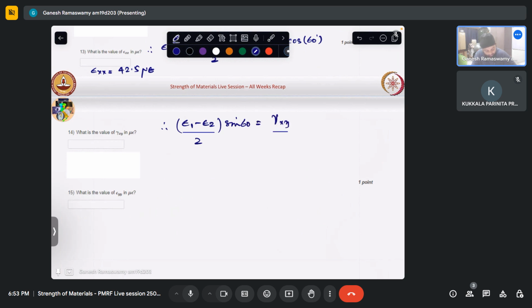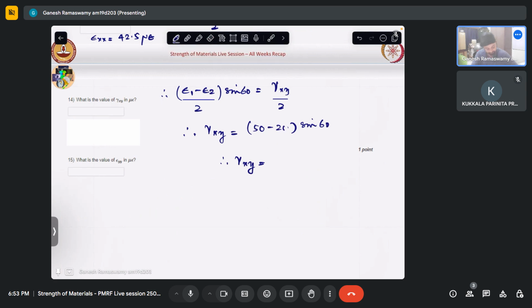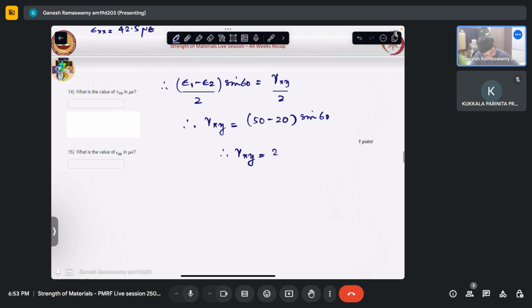So gamma xy is 50 minus, I'm sorry, this is not 30, this will be 20. 50 minus 20 into sine 60, which comes to 25.98 microstrain.